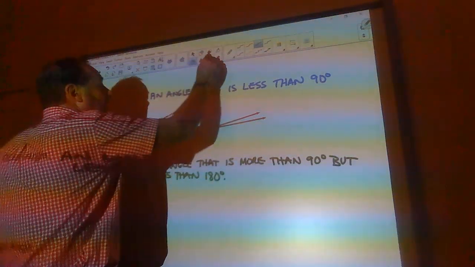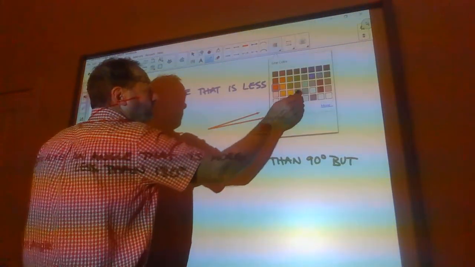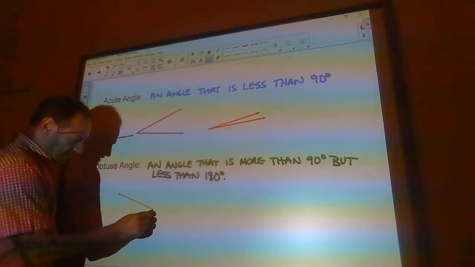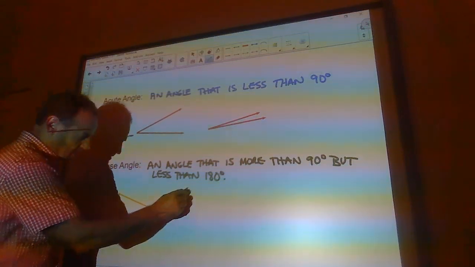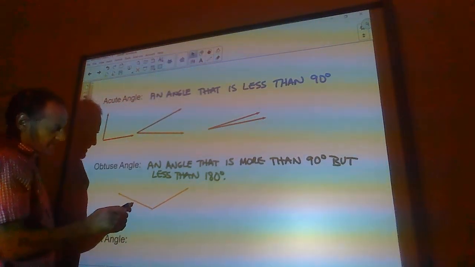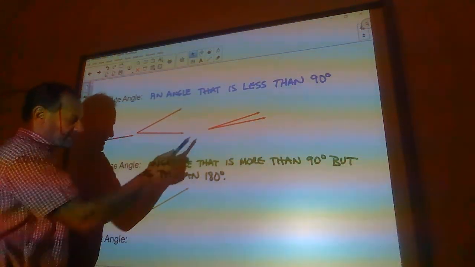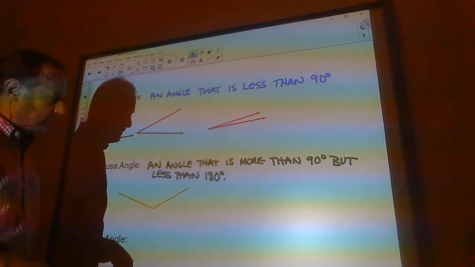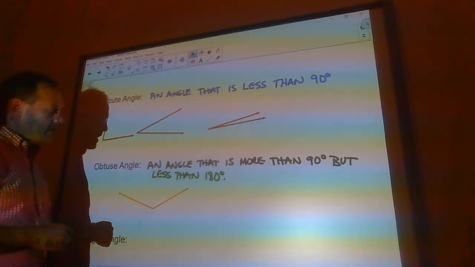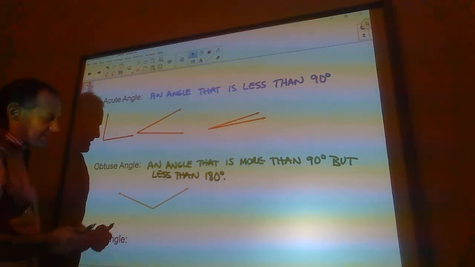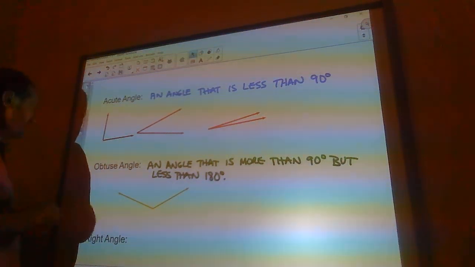An obtuse angle would look something like this. That's a dull angle right there. You get poked with this, that's going to hurt. You get poked with this, that's not going to hurt. So that's an obtuse angle. It's dull. It's more than 90. It's less than 180.